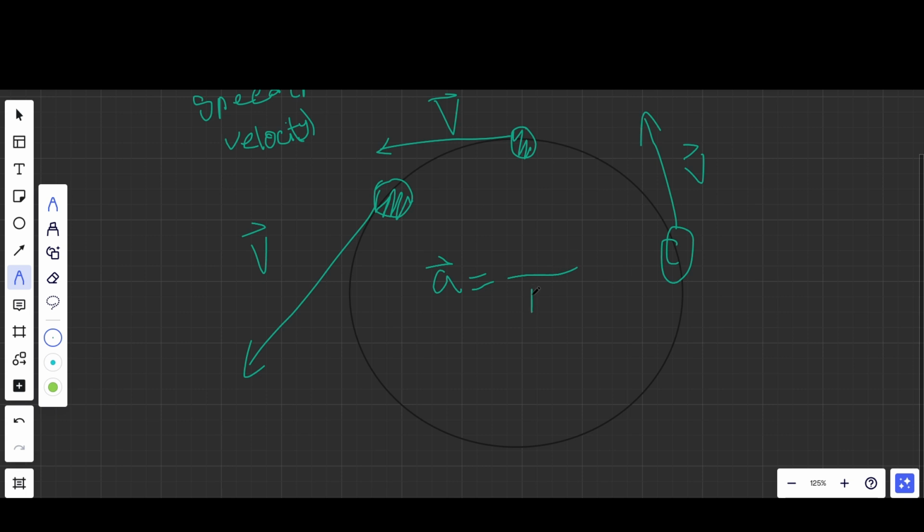So that's delta t, change in time, and the numerator is the change in velocity, which we can write as vf minus vi. We can consider this to be vf, and let's say this to be vi, just for the sake of it.